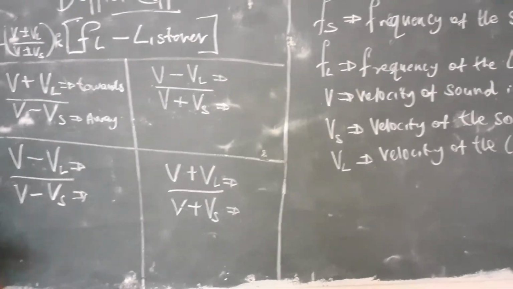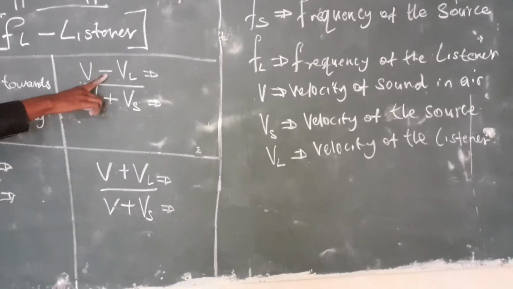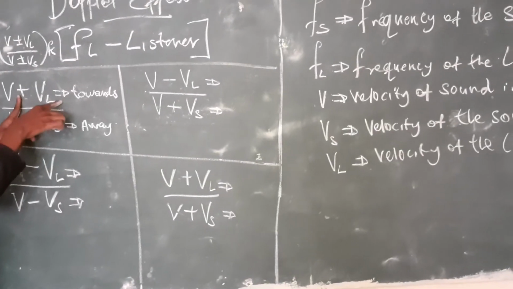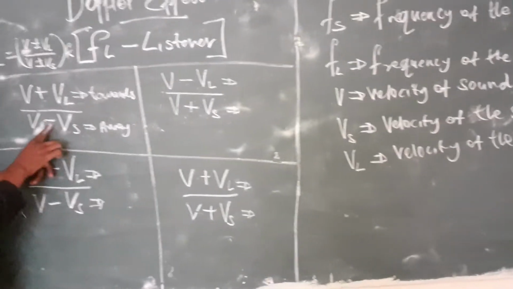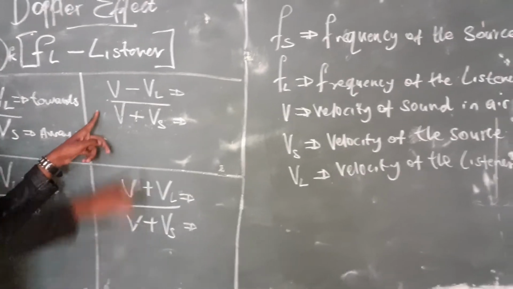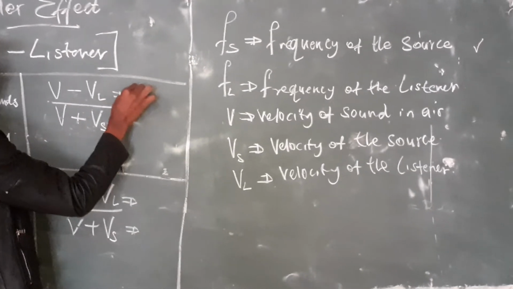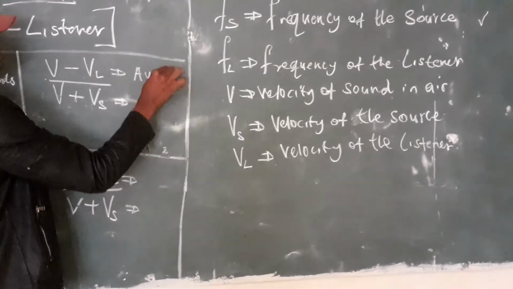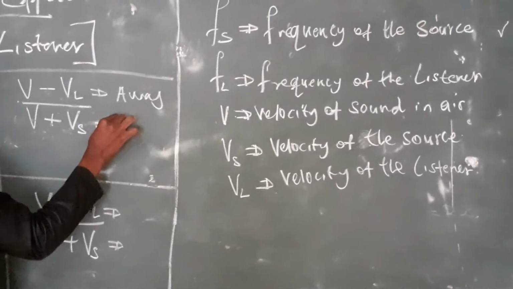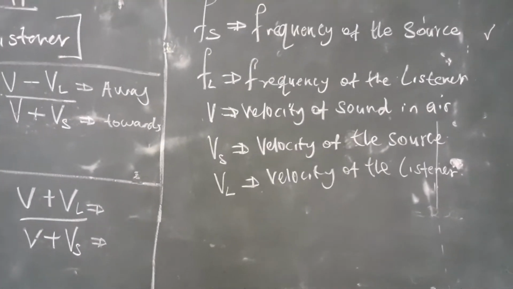So now let's look at this one. Look at these two signs. This is a plus, it means you're going towards. And this is a minus, it means the source is moving away. Now let's look at this one. As long as here is a minus, it means the listener is moving away, and the source here is moving towards the listener.